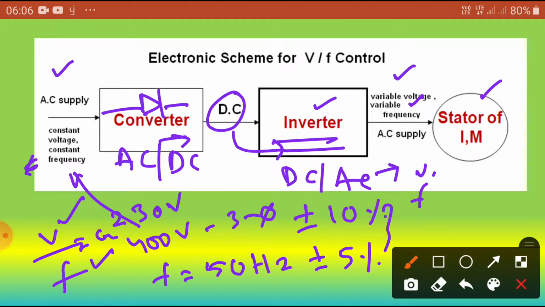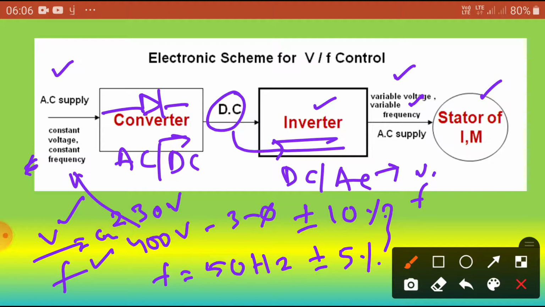So what we are going to see here: normal AC supply is coming from the DISCOM people. That is changed into variable voltage and variable frequency with the help of our electronic circuits. How do we do it?